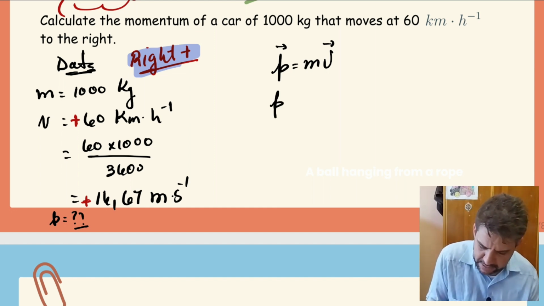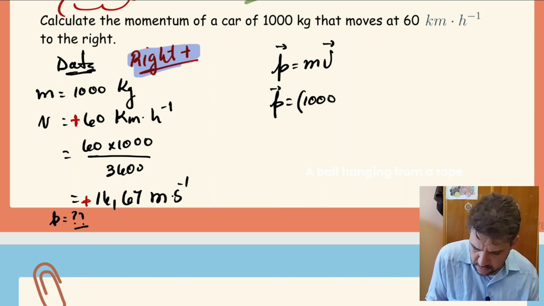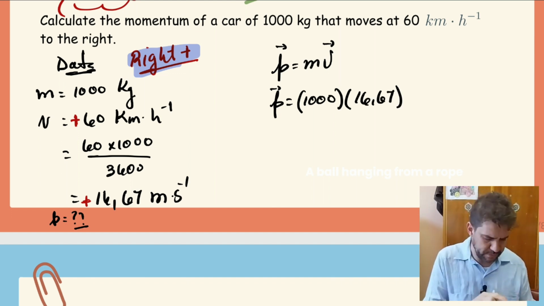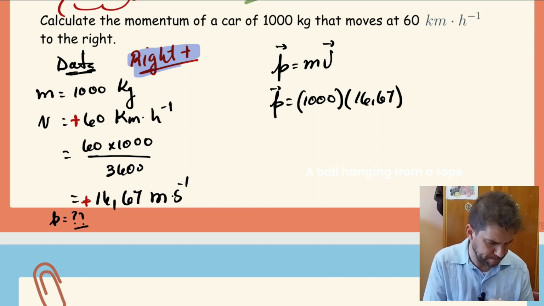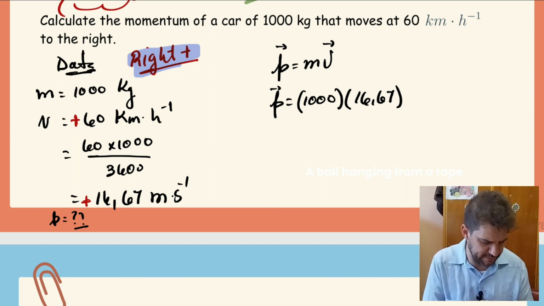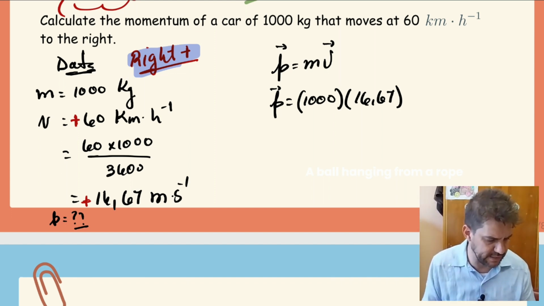So momentum is equal to the product of mass, which is 1,000, multiplied by 16.67, and that will give me 1,000 times 16.67.